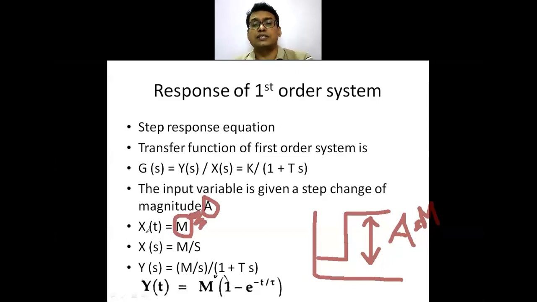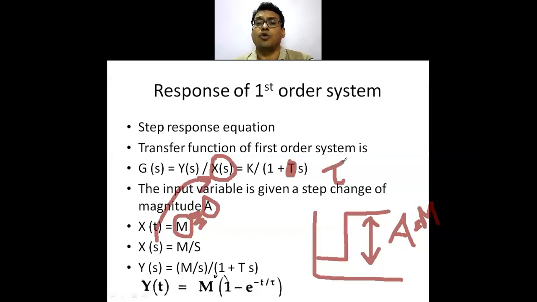So x(t) is equal to M, X(s) is equal to M upon s. Substituting this value of X(s), Y(s) is equal to K, 1 upon 1 plus tau s. This tau is the time constant of the system.